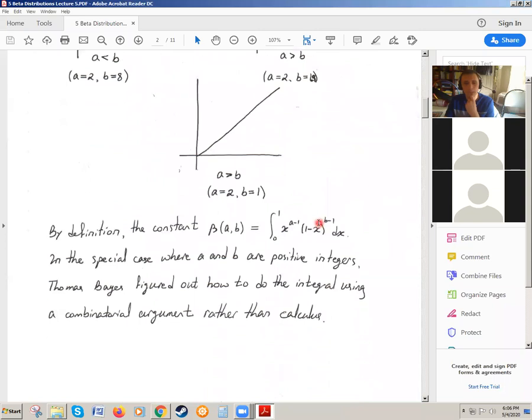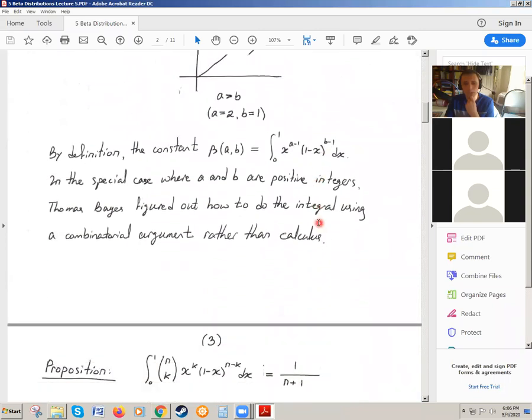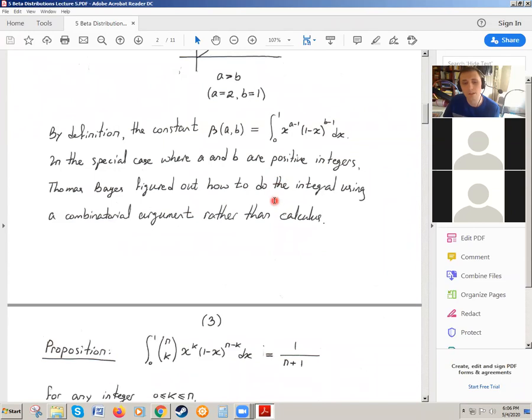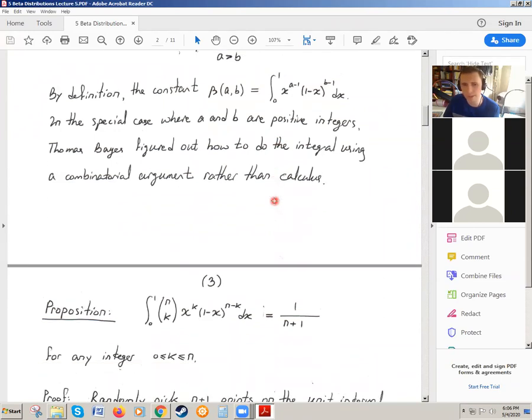First of all, we will need to figure out how to calculate beta(a, b), where a and b are positive integers. So here, guys, be ready. Now it might be hard.